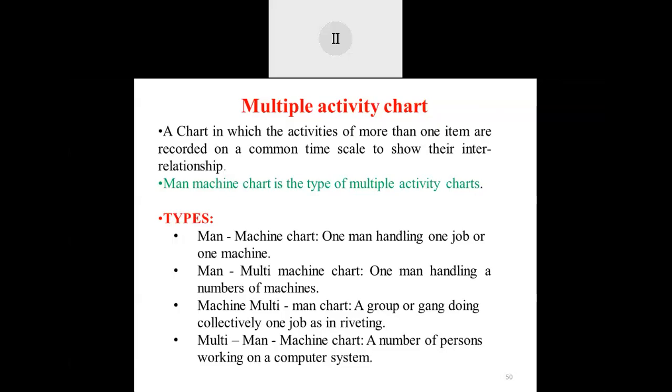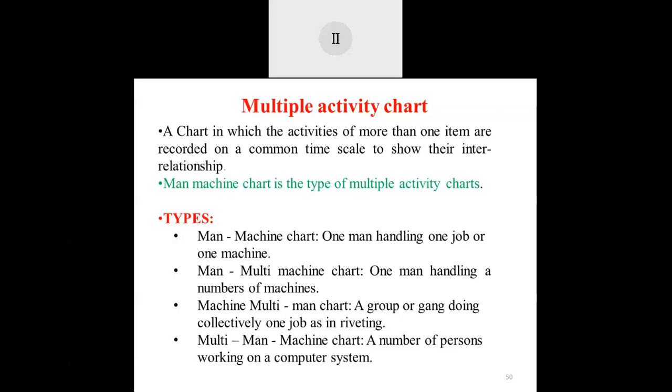For riveting, suppose one is holding the plate, another is taking the nut and bolt, or the part or equipment through which we need to rivet, and another worker is actually doing the riveting. So a group of people collectively doing one particular job.